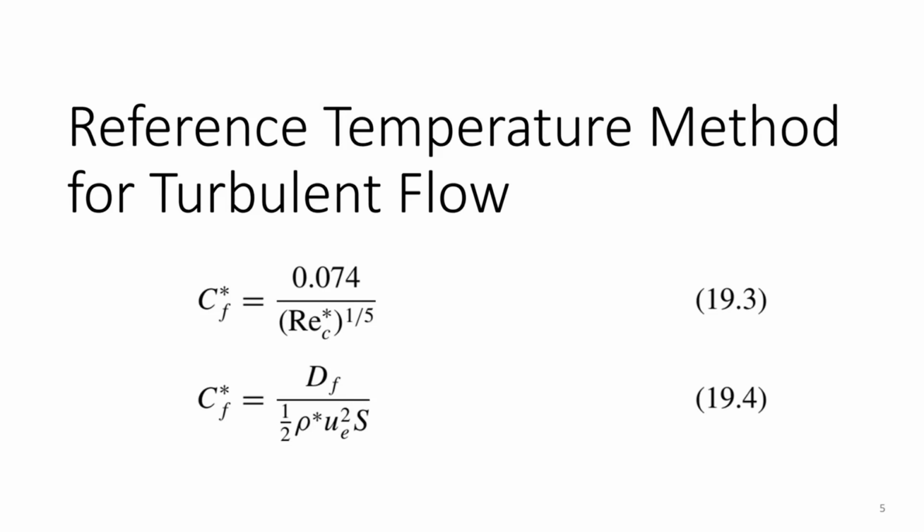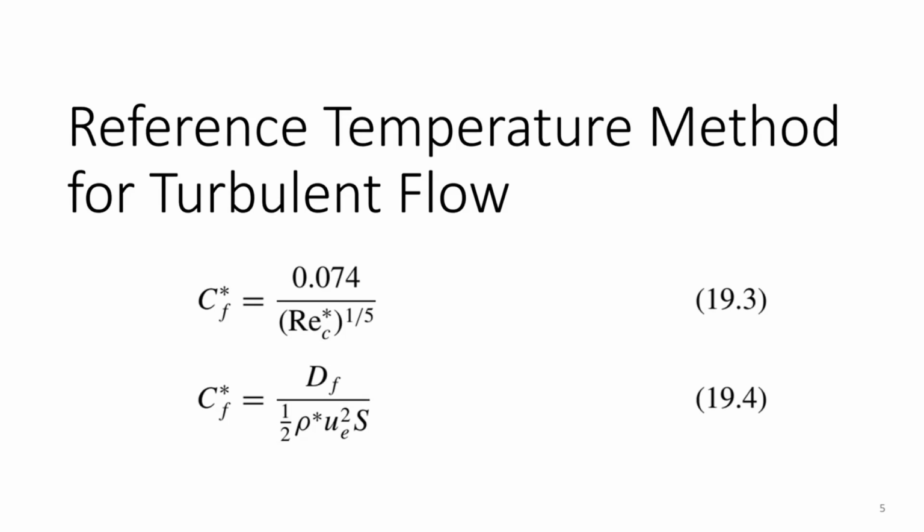And using these formulas, which you can see on the screen, 3 and 4 for skin friction drag, instead of viscosity and Reynolds number for compressible flow, we use some reference viscosity. Instead of real viscosity, we use reference viscosity.